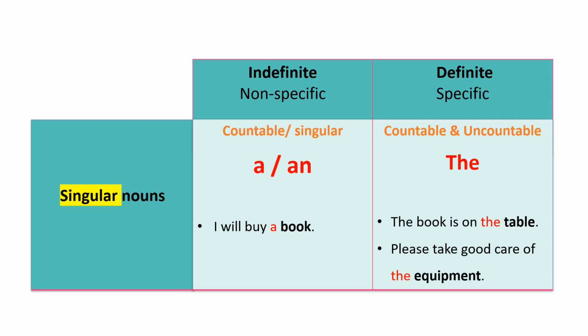Definite, specific. Countable and uncountable. Use the. For example, the book is on the table. Please take good care of the equipment. Table is countable. Equipment is uncountable.